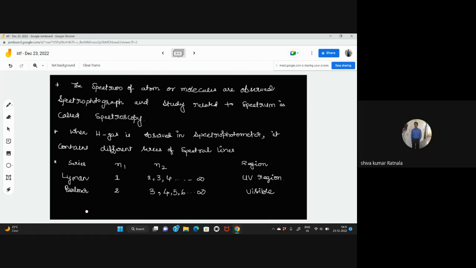Okay, yes sir. Lyman, Balmer and next one Paschen, infrared. So n1 is 3 and n2 goes from 4, 5, 6 up to infinite. This will be IR region. Next Brackett.